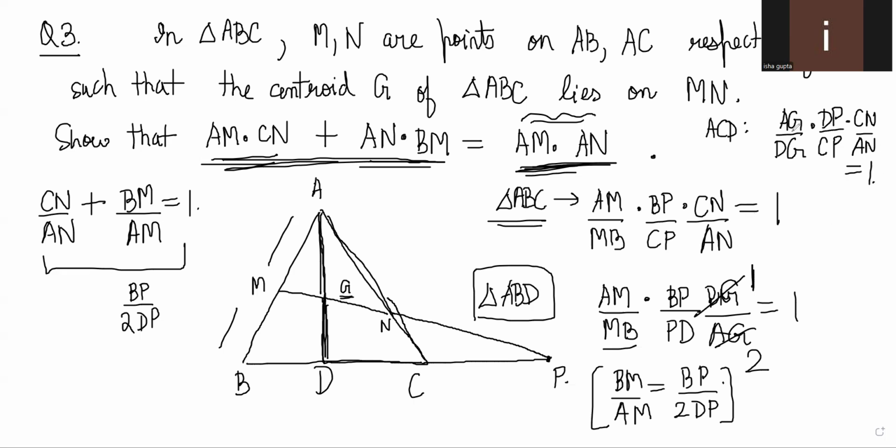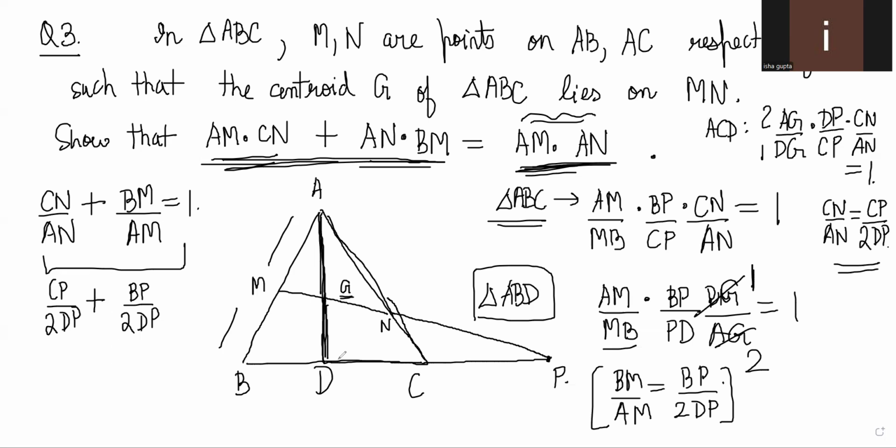Now AG and DG ratio is again 2 is to 1, right? So we get CN by AN is equal to CP by 2DP. And now I'll put that here, CP by 2DP here.